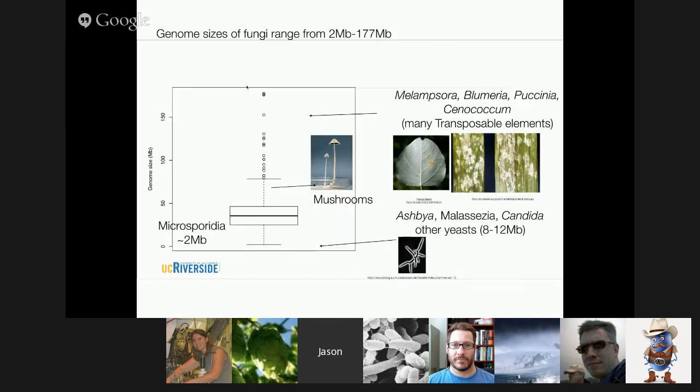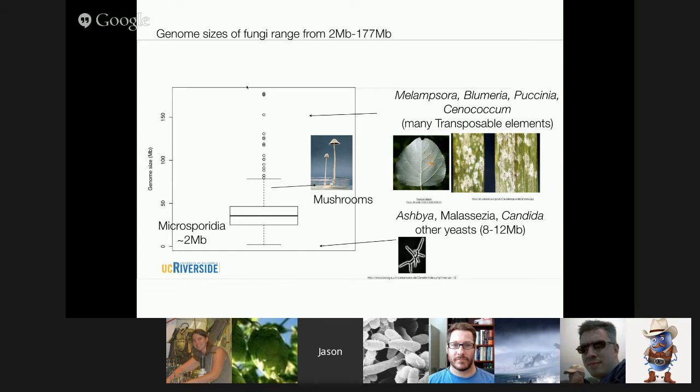Okay, so in terms of resources, there are more than 400 genomes of fungi that have been sequenced to date, and I'll speak in just a second about our efforts to do that, but this is just a snapshot of the genome sizes of about 350 of those genomes. You can see that there are some outliers at the high end, and those tend to be things that contain a lot of transposable elements.